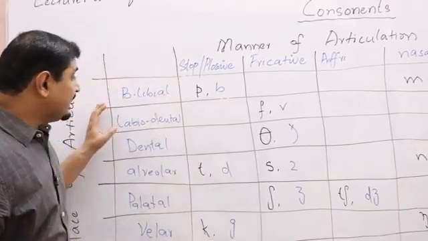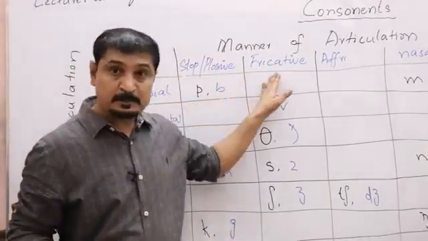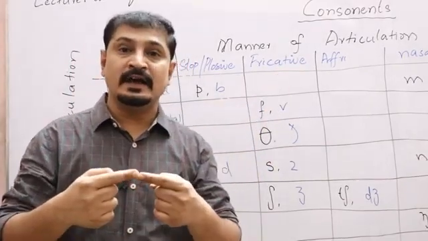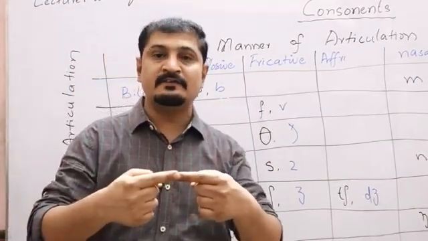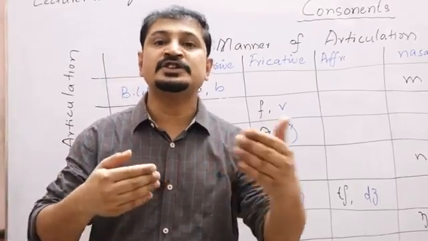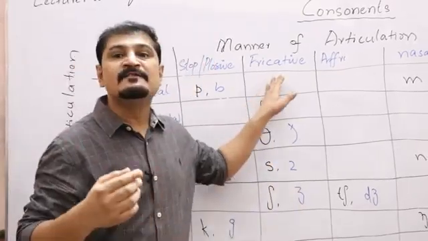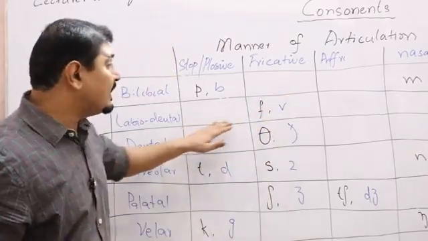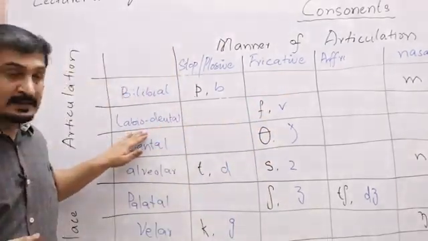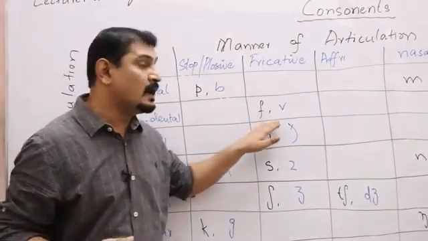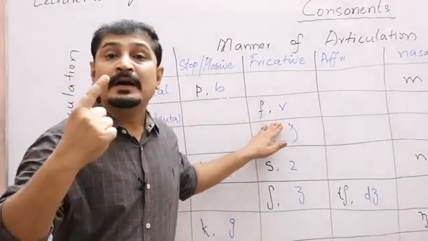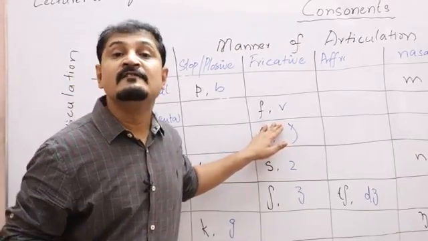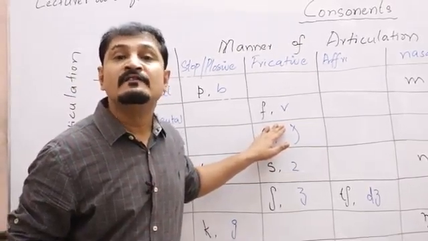Then we have the fricative sound. Fricative means there is friction, right? If you are good at physics, you know what friction means. There is a little friction in our sound, with the help of the labio, that means lips, and the dental. The sound is f, upper teeth touching our lower lip, and then we have the friction, f.